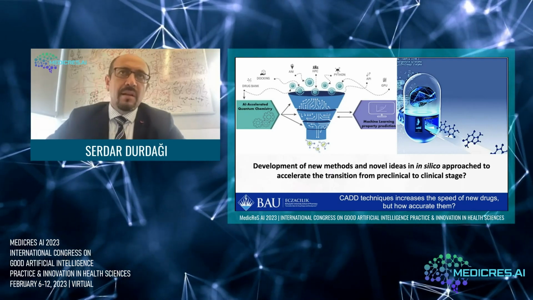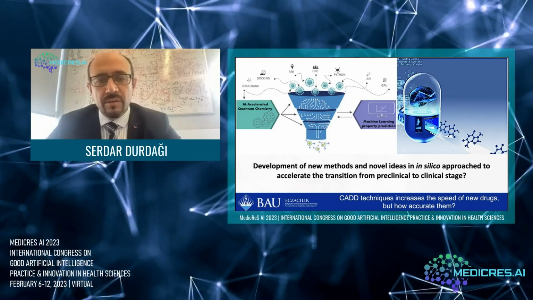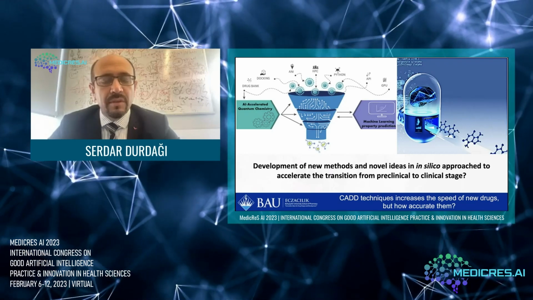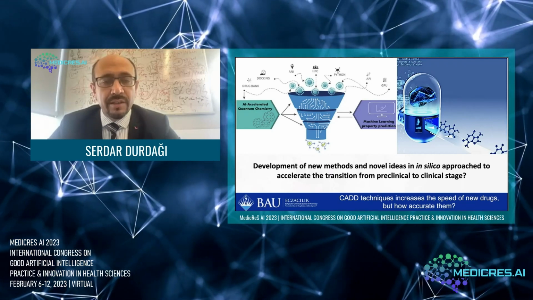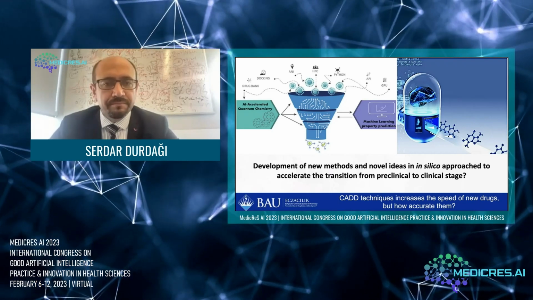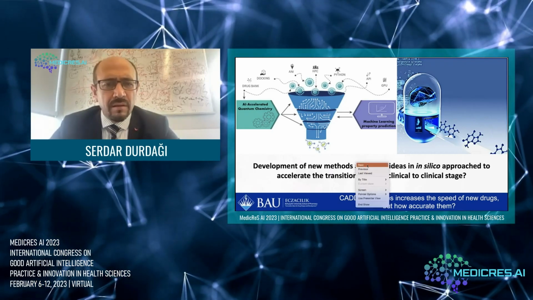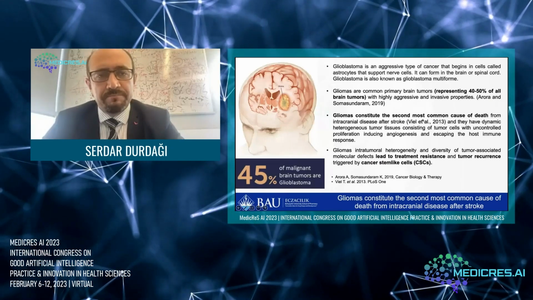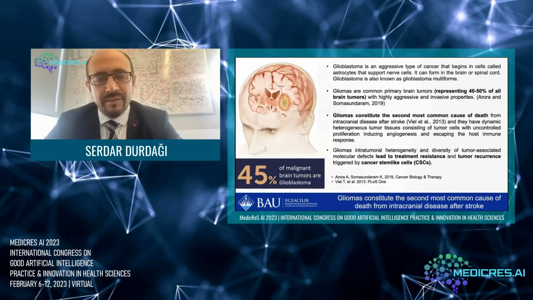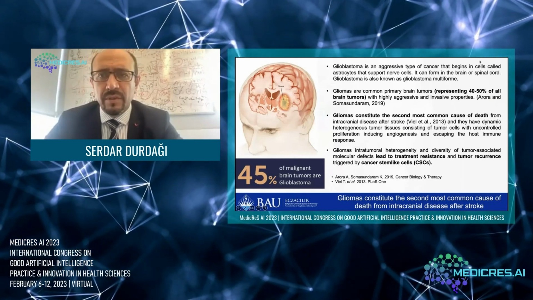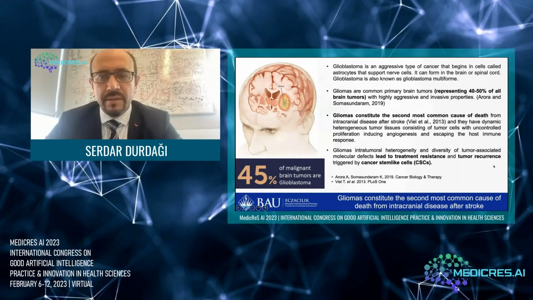But still, there is lots of space that one can increase and improve these steps. So today I would like to talk a bit about glioblastoma and what we have done regarding this disease, which is quite a serious disease.